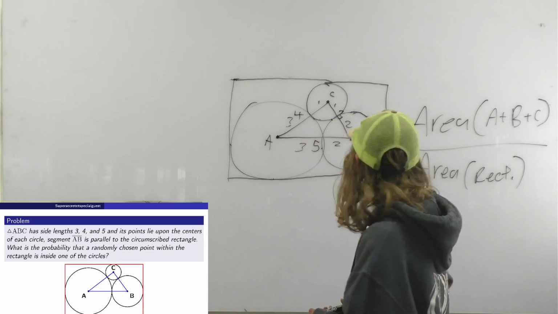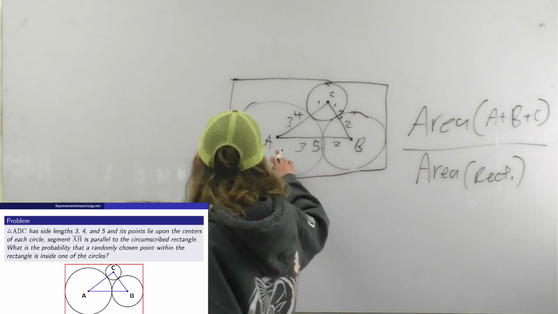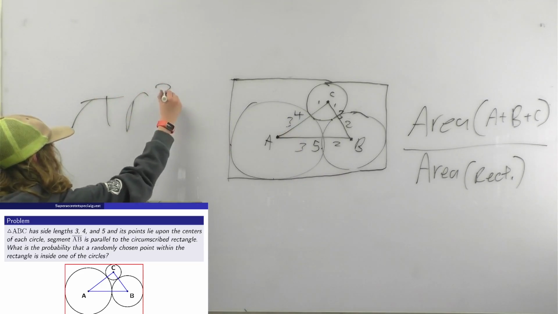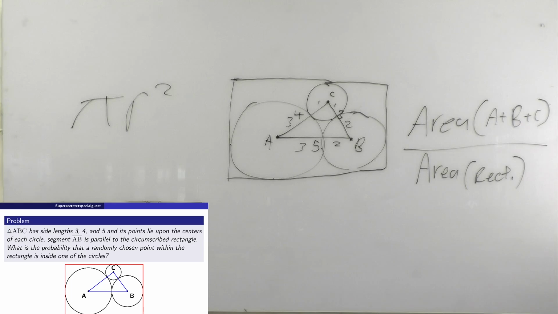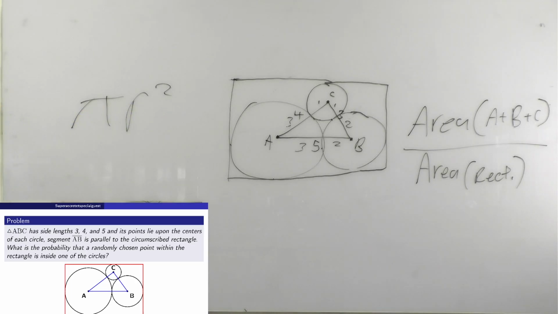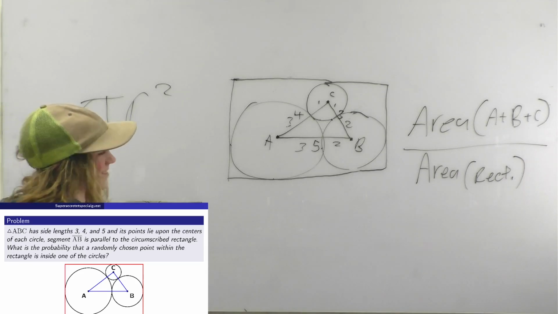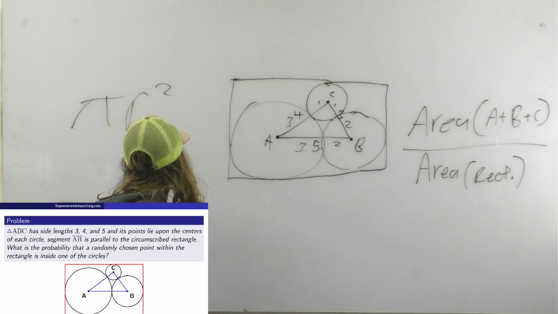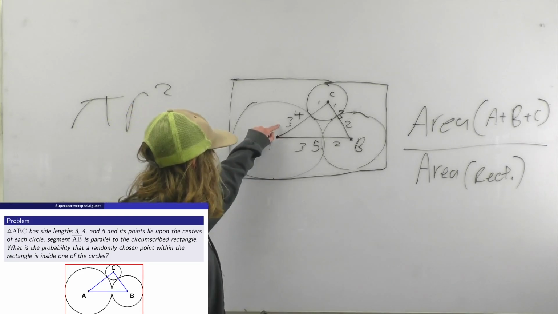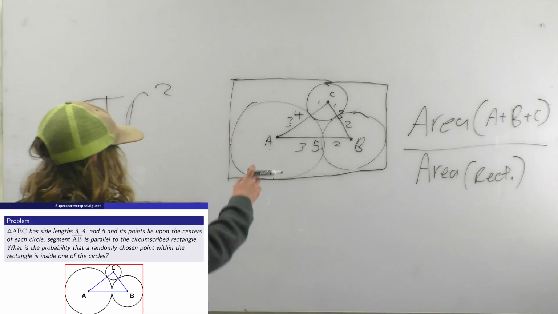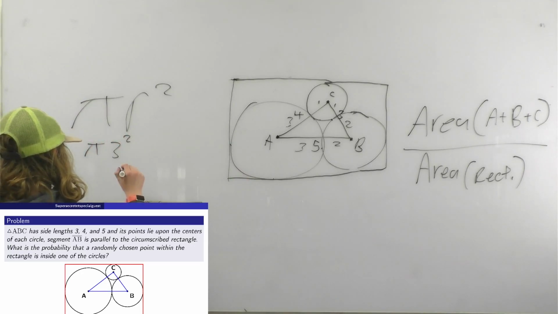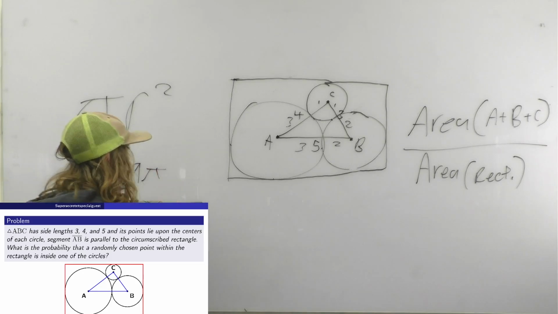So let's find the area of circle A. The formula is pi r squared. Okay, so the area of A is going to be pi times 3 squared. 3 squared is 9, so it's going to be 9 pi.